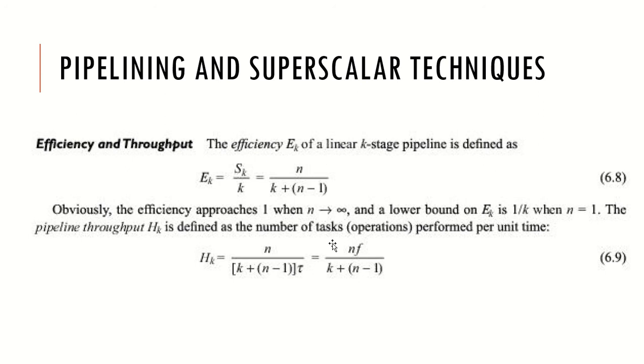You just replace 1 by tau with f, and you can write it as nf divided by K plus n minus 1.